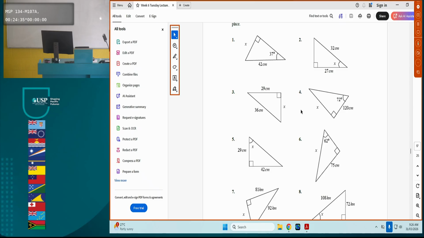Sine. Sine of the angle. Is the angle given? Yes, the angle is given.